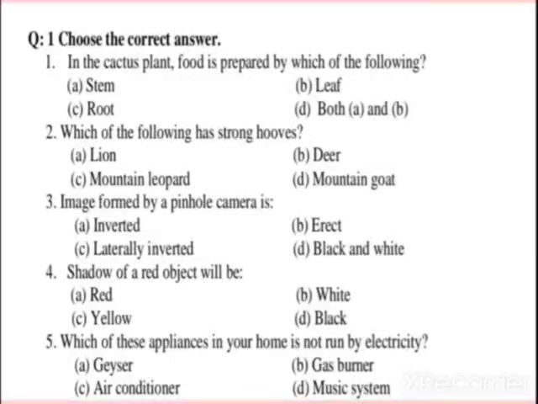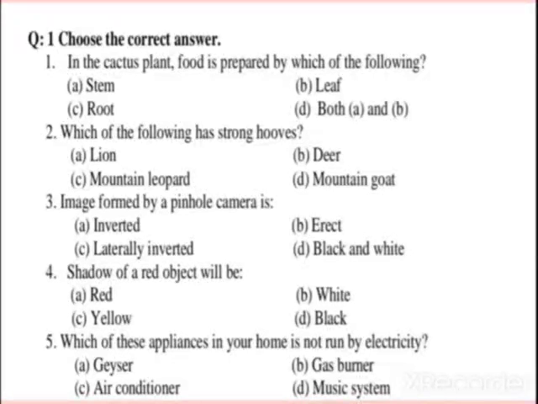Question number 3. Image formed by a pinhole camera is. Options are inverted, erect, laterally inverted and black and white. As you know, the image formed by a pinhole camera is always inverted. So your correct answer is inverted.